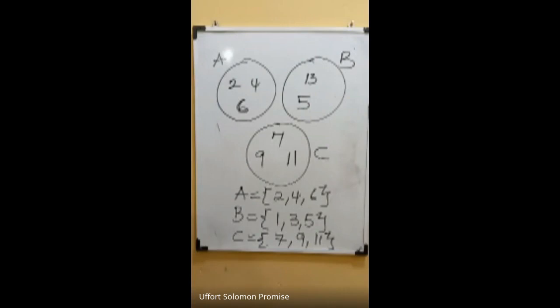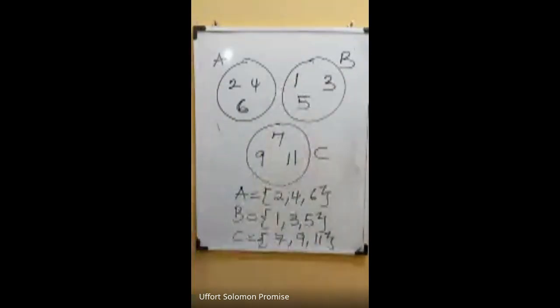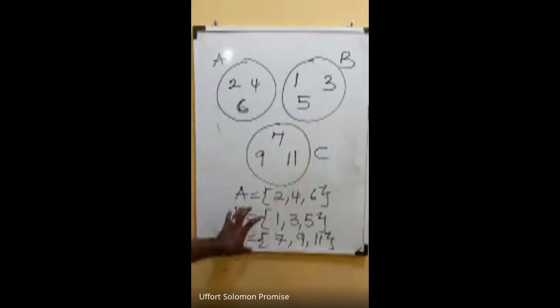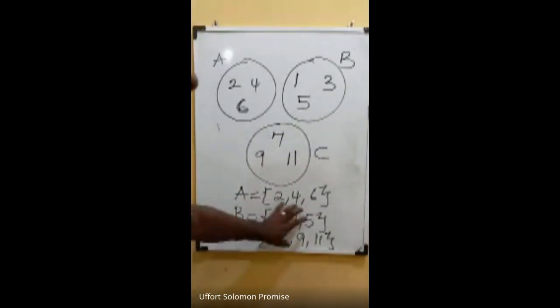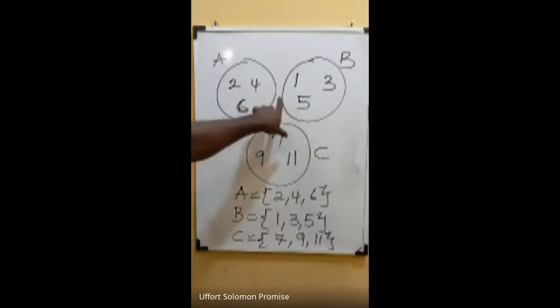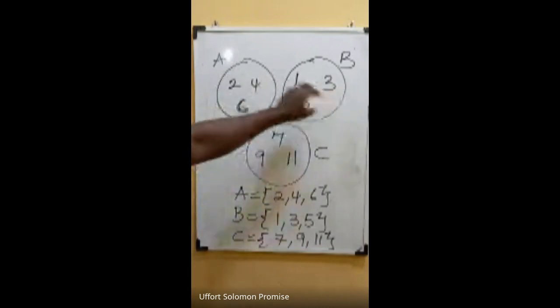So you see, you need to space them so that it will show that these are the elements. Whether the sets are disjoint or intersecting, you must separate the elements.